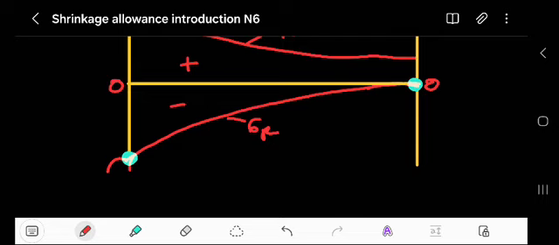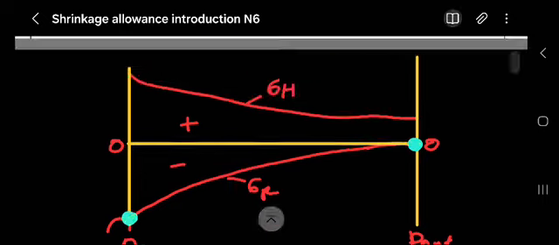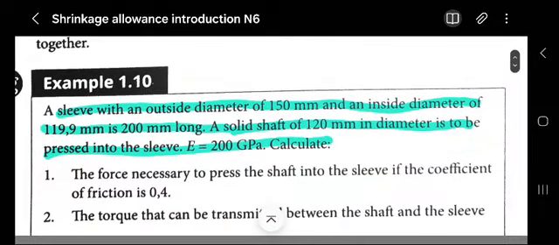Remember, we have a common diameter, as when I did the shaft. If you have a sleeve and a solid shaft, this is the common diameter, and this is the outer diameter.